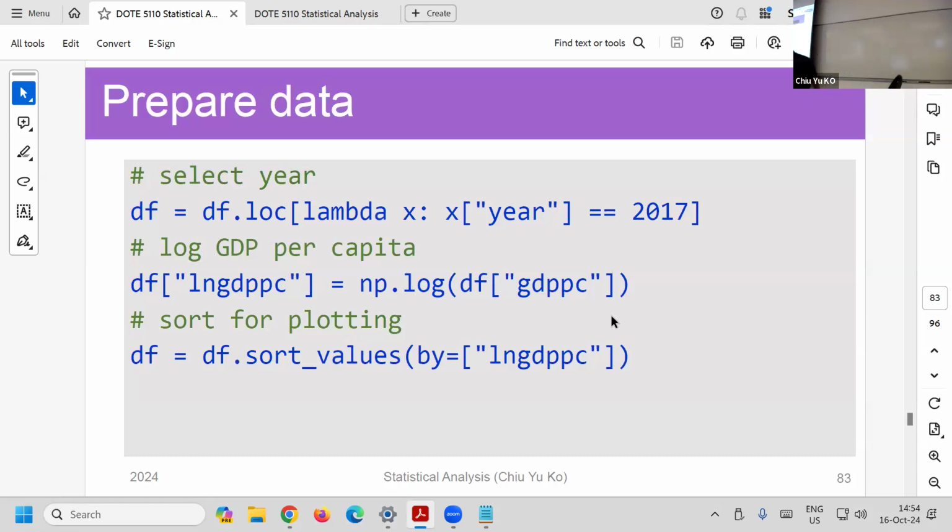So now here I use what we call a lambda function. Actually, we don't have to use that, but I want to because when you look at the textbook, they give you this function. They are looking at the year, which is 2017.